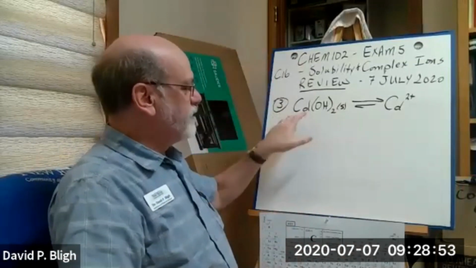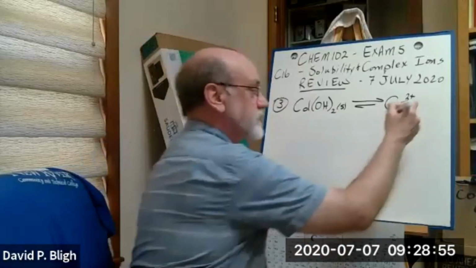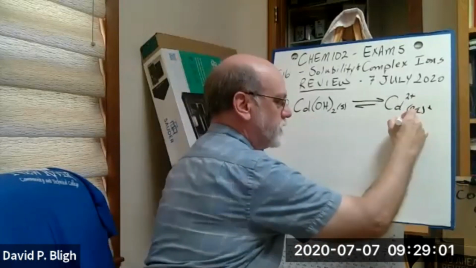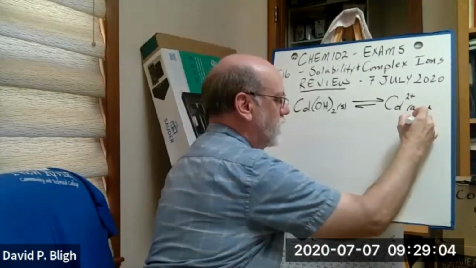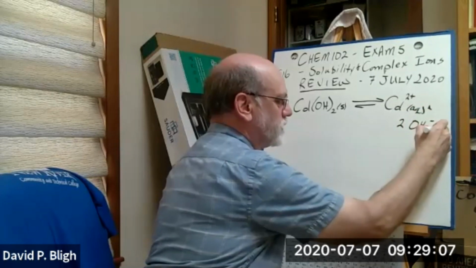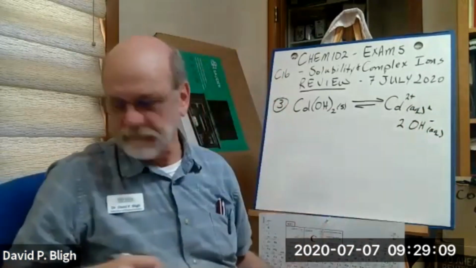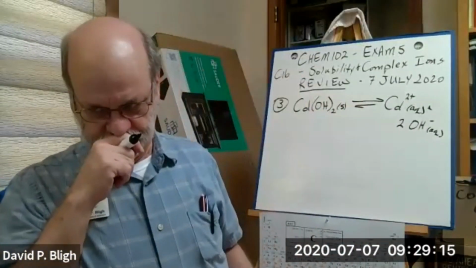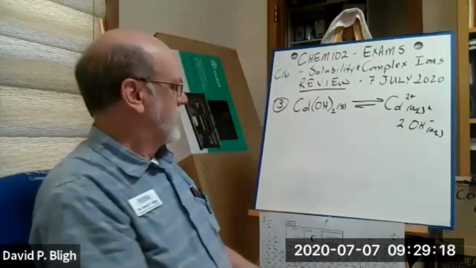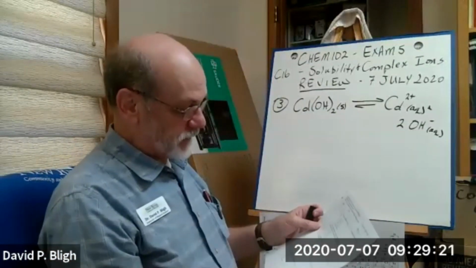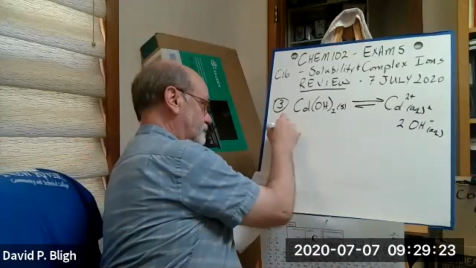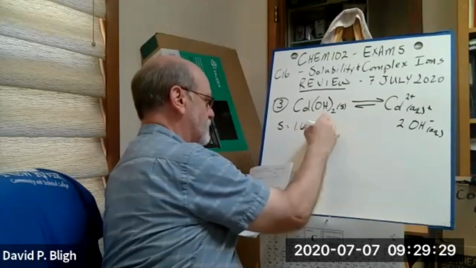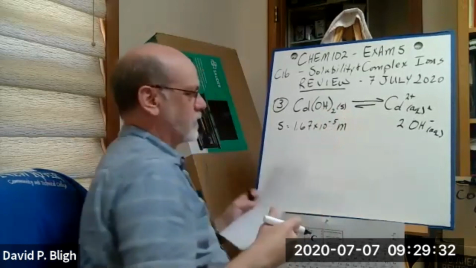Okay, so we got cadmium hydroxide dissociates in solution into cadmium ion and 2 hydroxyls. All right, what else are we given? We're given the solubility, right? So the solubility is 1.67 times 10 to the minus 5 molar.